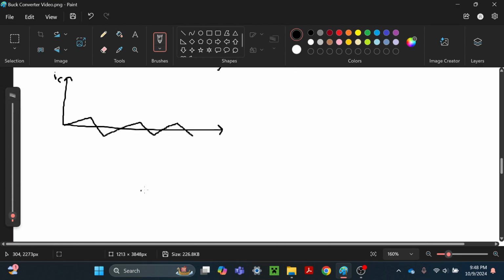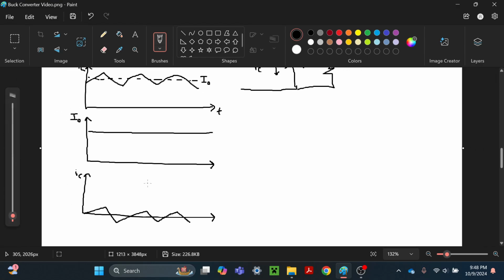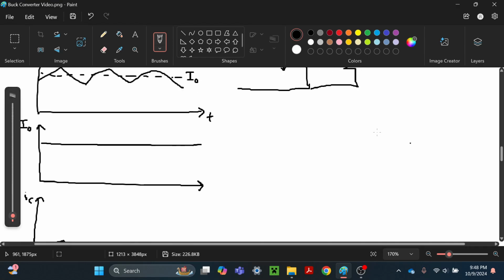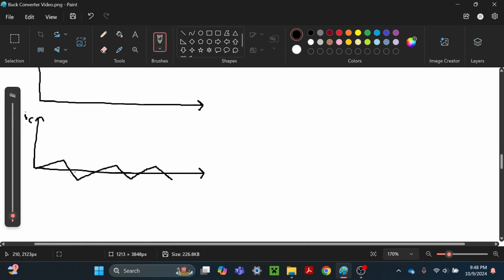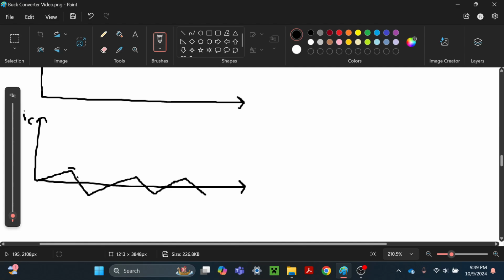And then the way we're going to calculate the capacitor we need for this, the critical capacitance, is with this equation. The charge is going to be equal to the capacitance times the voltage ripple. So delta V is going to be between these two values, right?